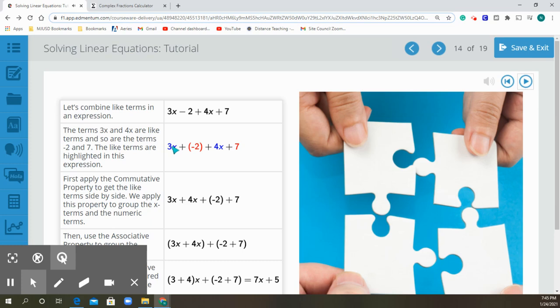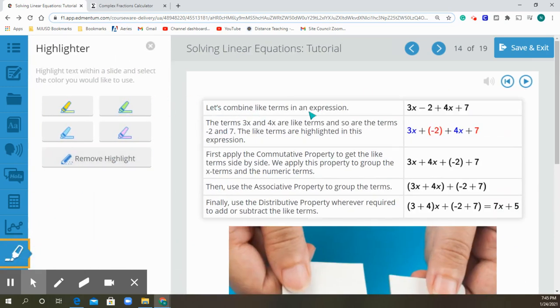So remember how I was highlighting and moving things around? That's what they're doing here. They're highlighting the like terms. 3x plus 4x are like terms. So they switched them by applying the commutative property. So, 3x and 4x. Let me see here. 4x.